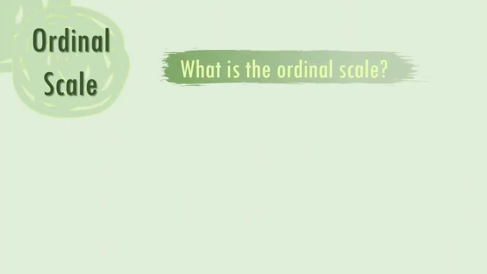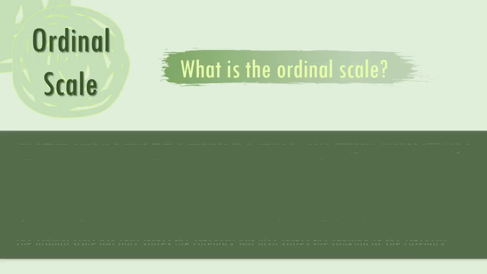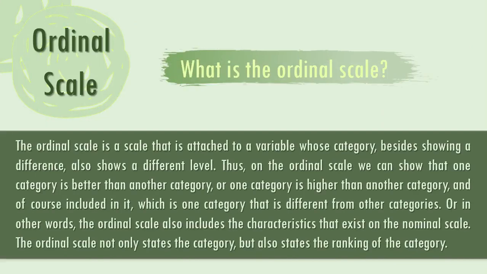Ordinal scale. The ordinal scale is a scale that is attached to a variable whose category, besides showing a difference, also shows a different level. Thus, on the ordinal scale, we can show that one category is better than another category, or one category is higher than another category, and of course included in it is that one category is different from other categories.